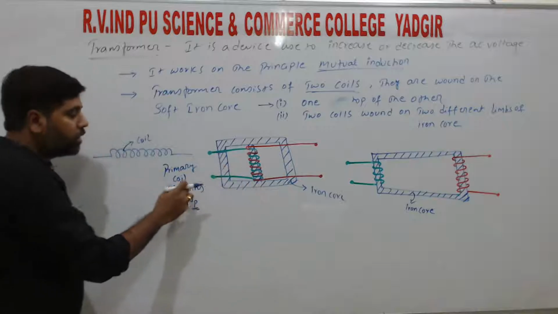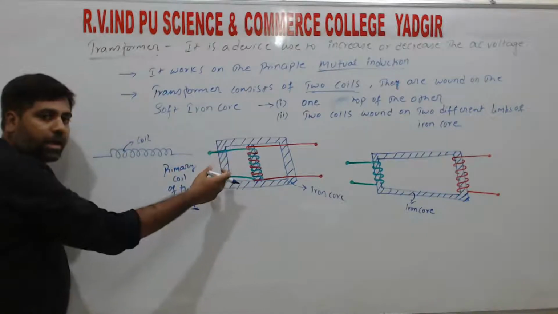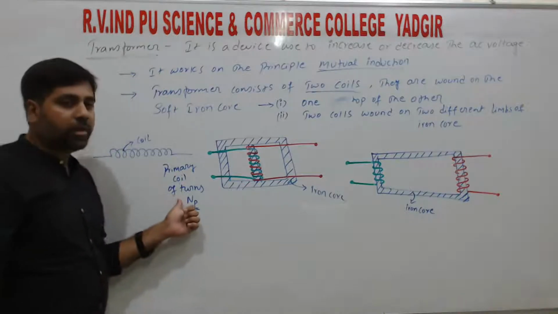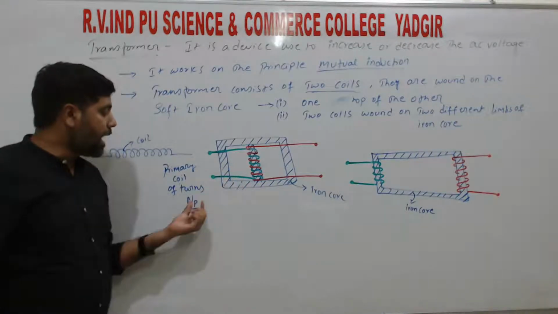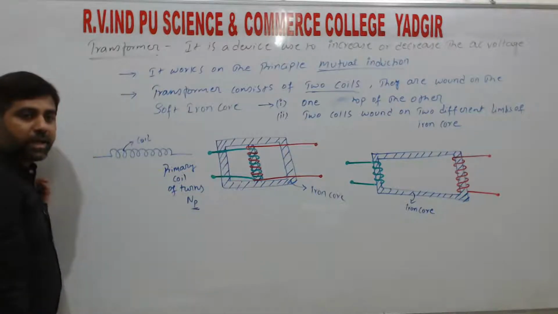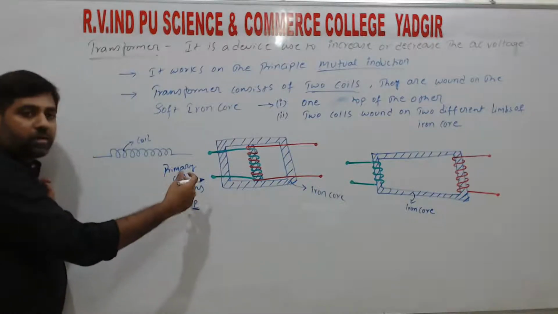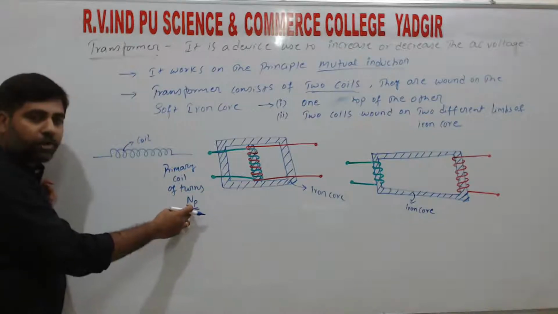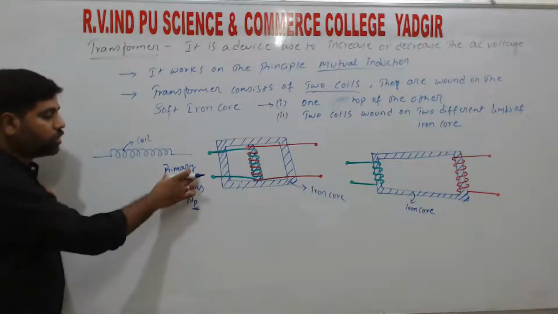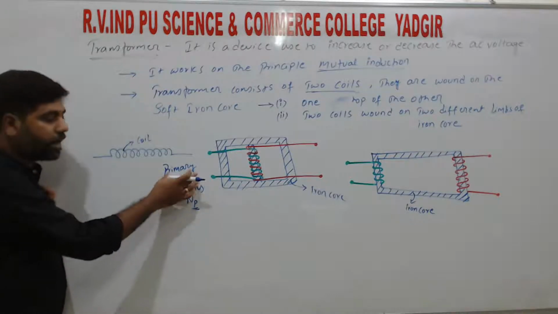Of the two coils, we can choose any one coil as the primary coil. So what do we call one of them? The primary coil. So this coil has the number of turns. The difference between the primary coil and the secondary coil is in the number of turns. One may have more turns or one may have fewer turns. We differentiate them by giving the names.